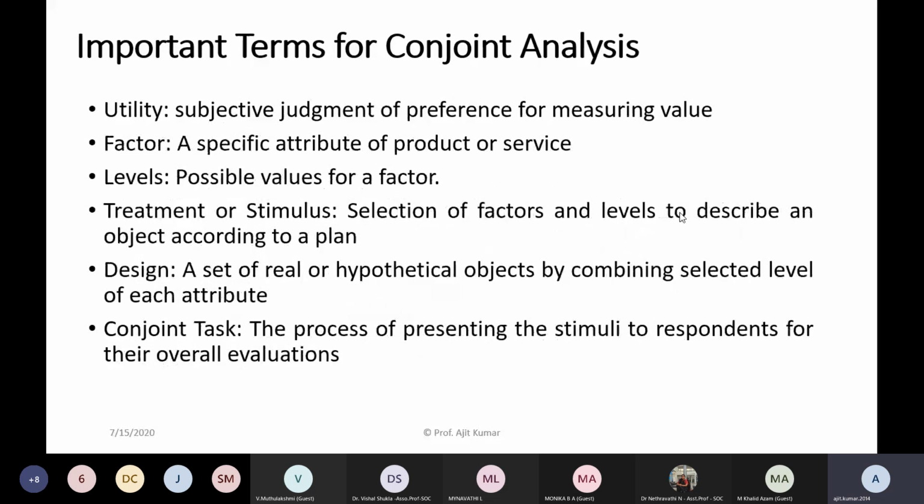Now there are certain important terms. I have already told you about utility, this very subjective judgment. We may think that we have implemented certain creativity, we have patented certain inventions, and whatever product or service we are going to launch is going to be the innovation of the decade or maybe century. We feel that kind of high when we do that.